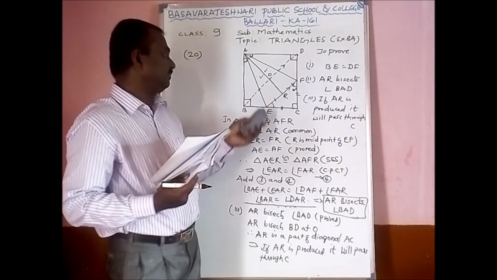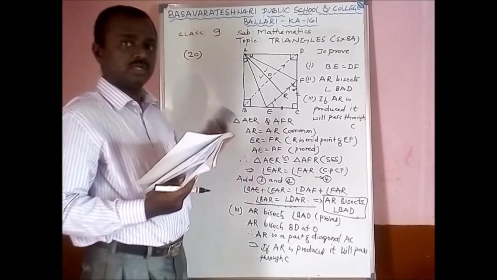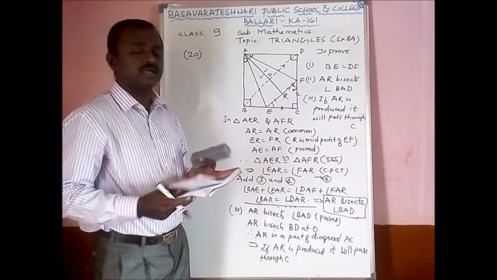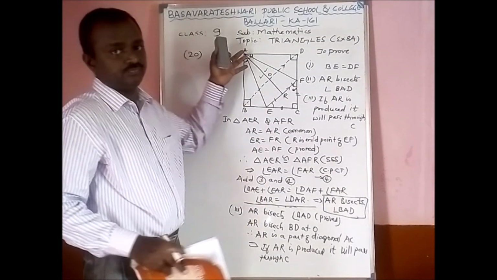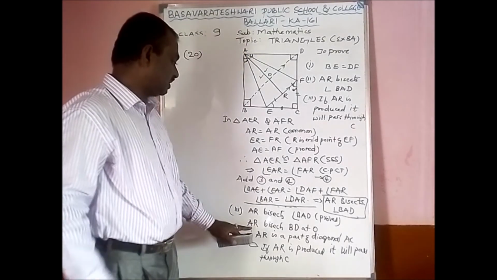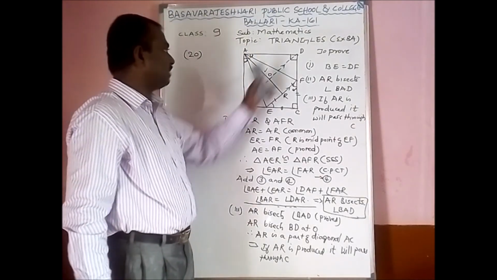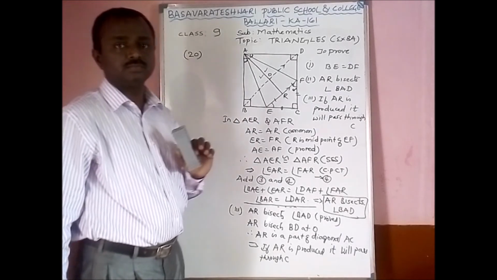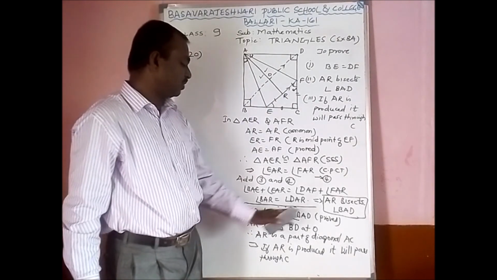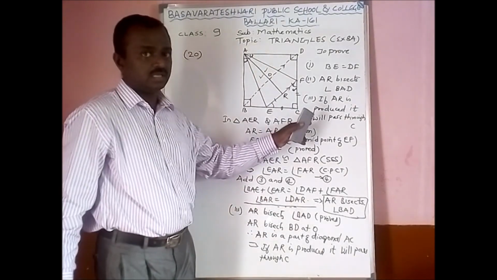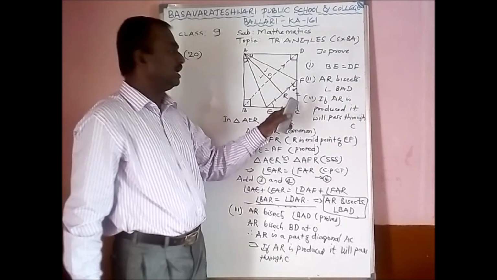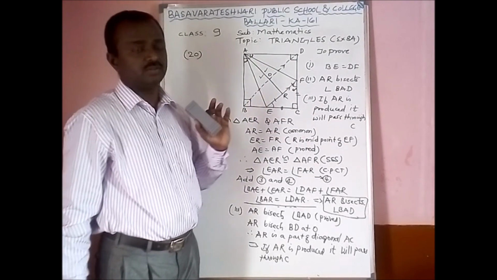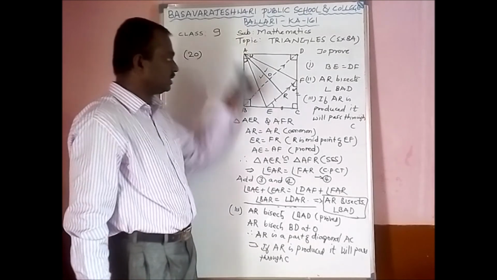AR is bisecting angle BAD, and definitely in a square the diagonal bisects the vertex angle. Correct? Second reason, AR bisects BD at O. So therefore AR is part of the diagonal AC. If AR is produced, definitely it will pass through C. So write down these answers.